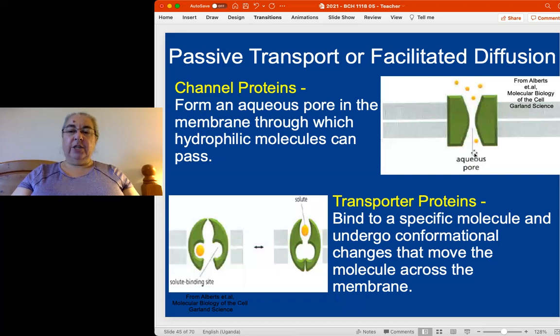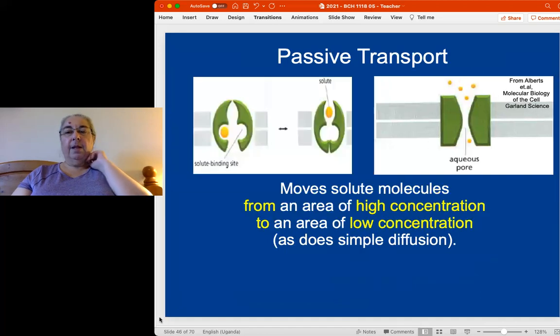So here we're just diffusing from high to lower concentration. Here we're also moving from high to low concentration, but by way of a transporter molecule that changes its shape. Okay, so both these sorts of passive transport move the solute molecules from an area of high concentration to an area of low concentration.